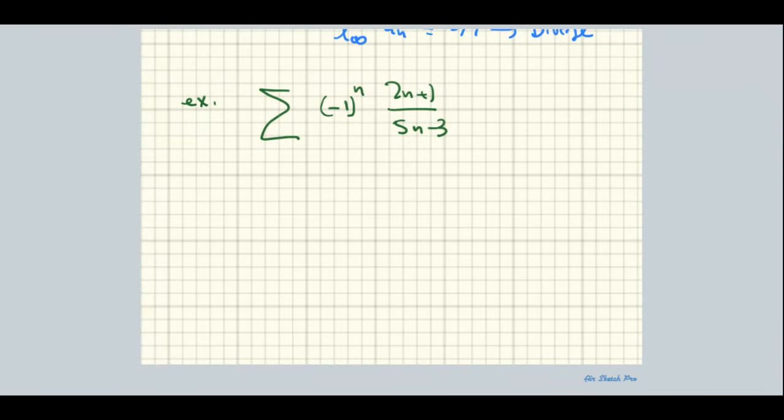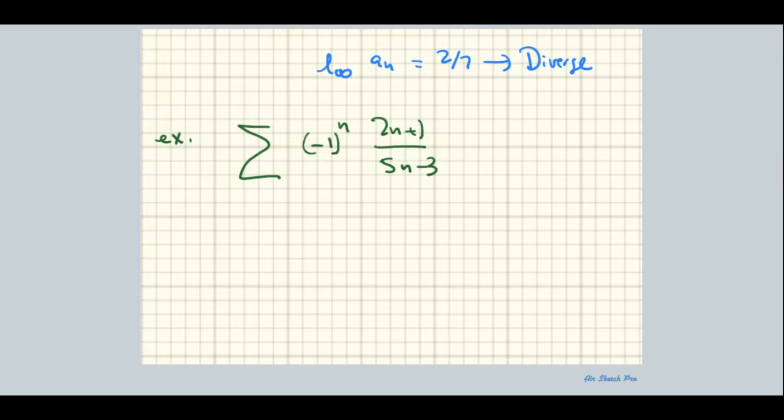What's the first thing we do with this one? Nth term test. That's right, Kayleen. Don't get distracted because, oh my God, I'm seeing it's alternating. The nth term says diverging.